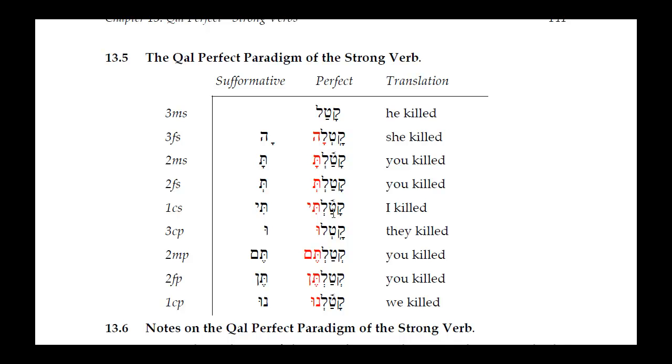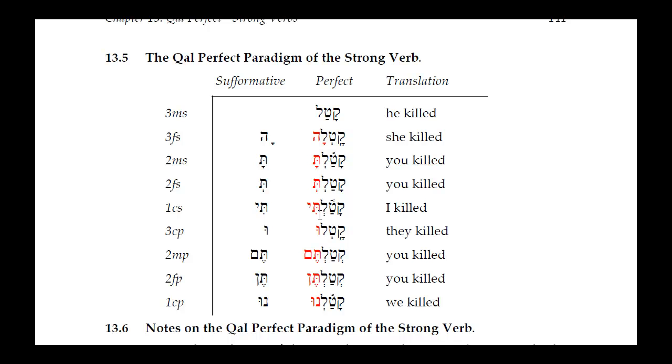Qatalti, again, the accent is over the second syllable. And we have the tav, hireq yod, which is the sufformative ending telling us that this is first common singular. Remember, on the pronominal suffixes, it was the hireq yod that told you that it was first common singular.